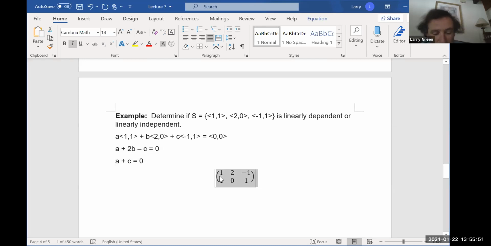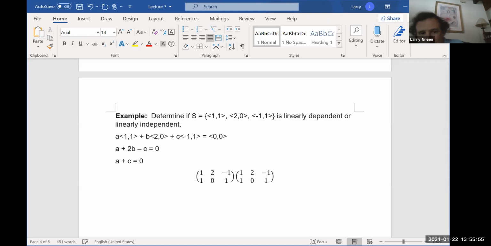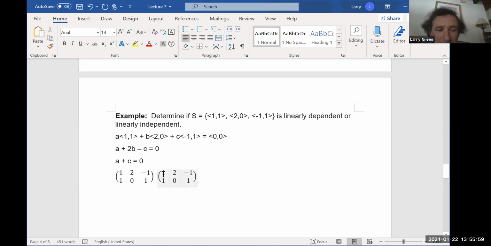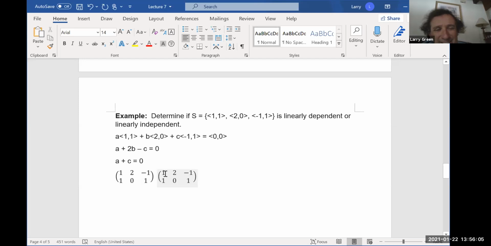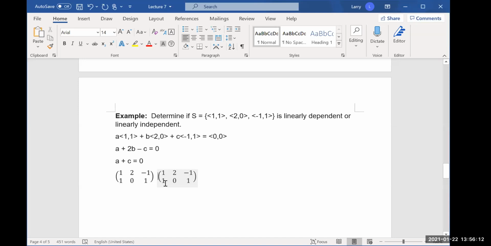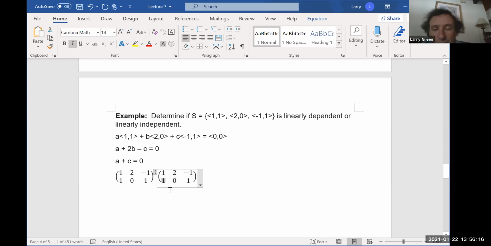So let's RREF this matrix, which is not a hard one. I tried to make it simple. And in fact, for this particular example, what should I do? It's very simple. Add row 1 to row 2. Close. Add row 2 to row 1. I want to add negative 1 times row 1 to row 2. I need that guy to be a 0, the second row, first column, right?